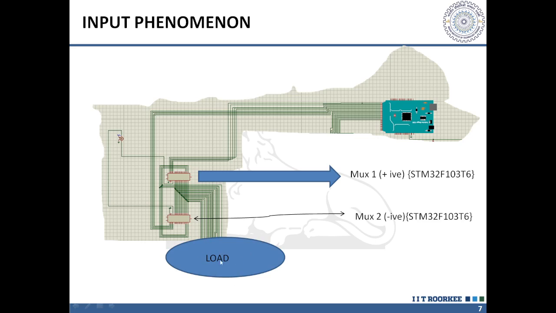From this load we are getting 20 wires, meaning the 20 electrodes of output. How does the input take place? This is the current source.